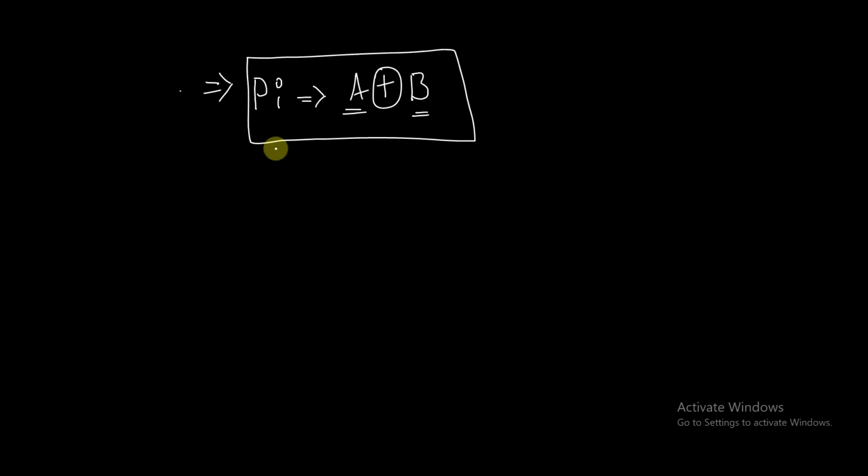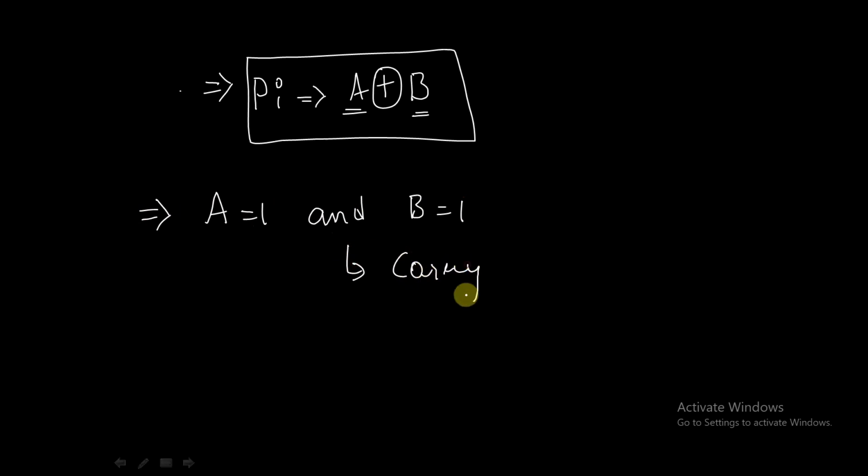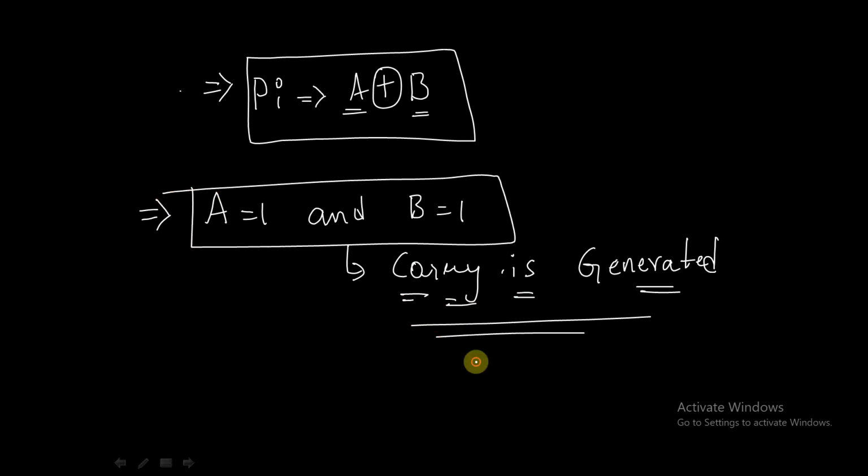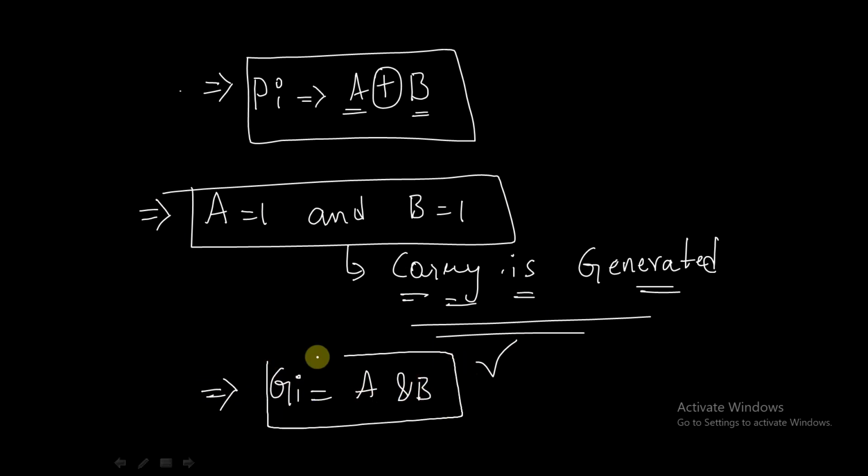In this particular case, whenever my A is equal to 1 and B is also equal to 1, my carry is generated. So how can you write the equation for generate? Gi is equal to A and B. So this is the equation for carry generate.